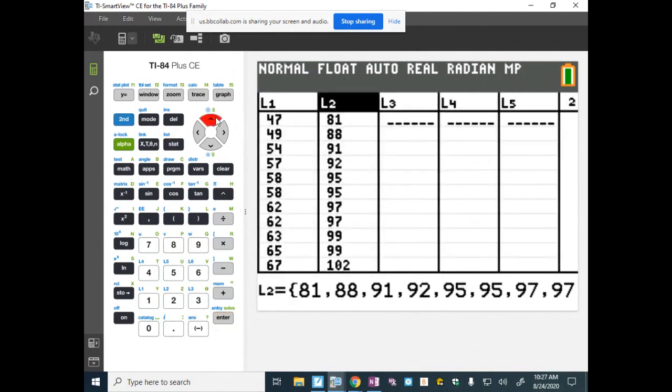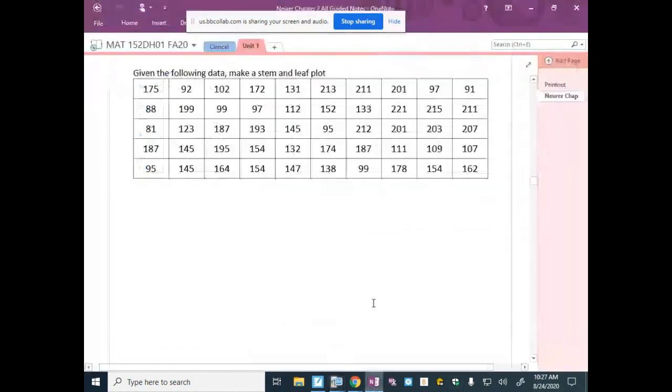So our minimum is 81 and our max is 221. So we'd have to put 8, 9, 10, all the way to what?